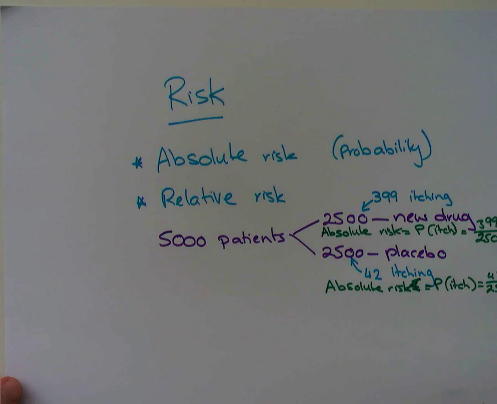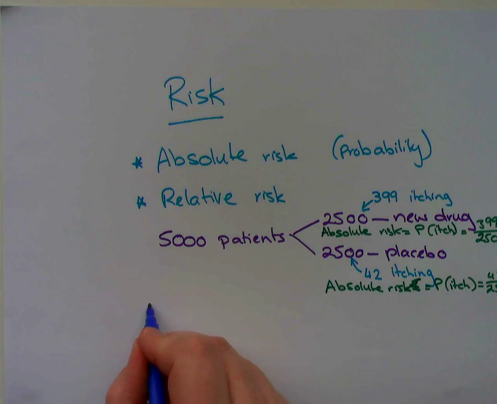That's absolute risk. Now let's think about relative risk. Relative risk is a ratio, that's why it's called relative. It's a ratio of one thing to another. If I'm interested in whether more people itch when they take the new drug compared to the proportion in the placebo group, that is my relative risk.